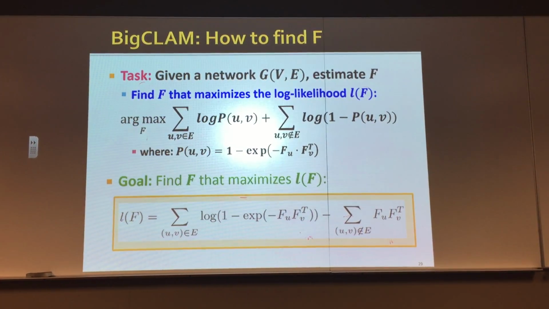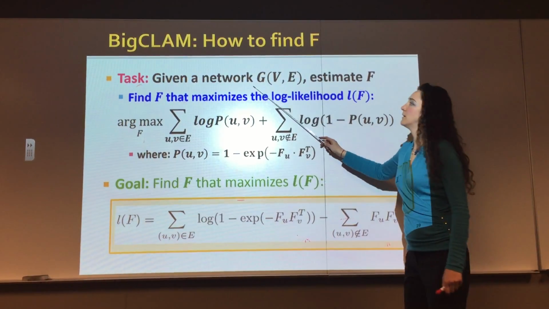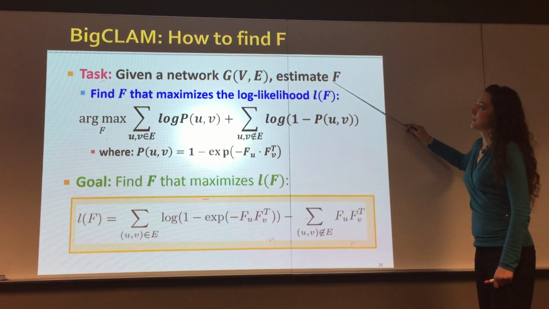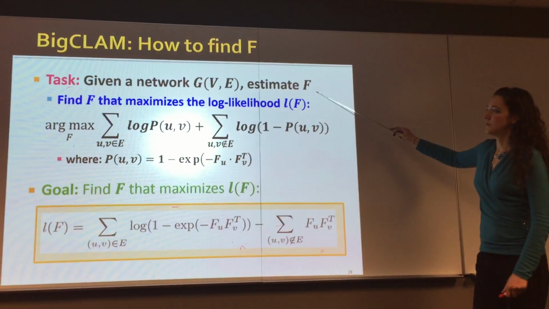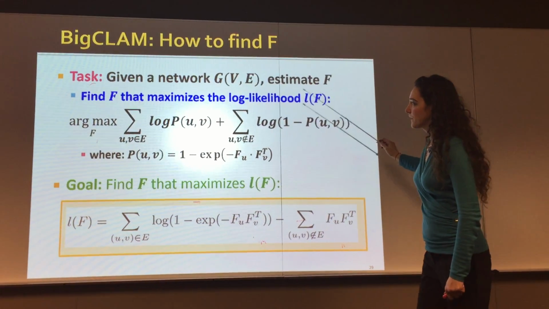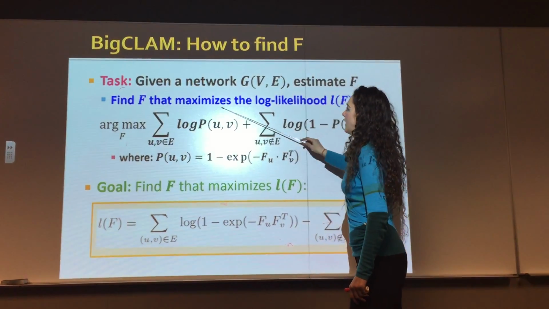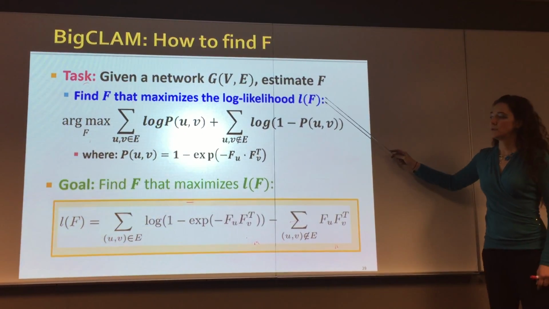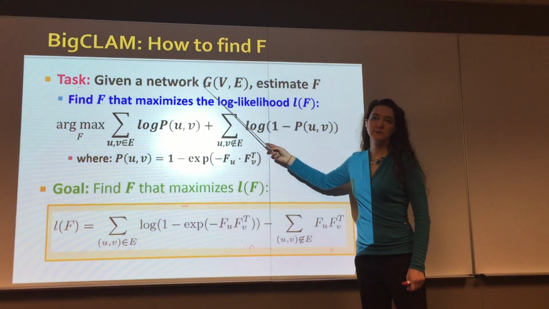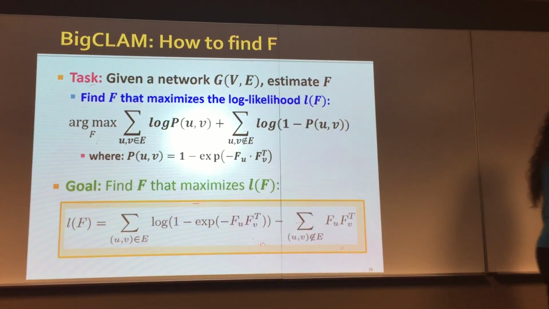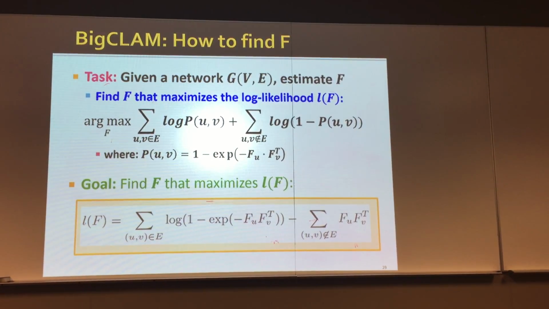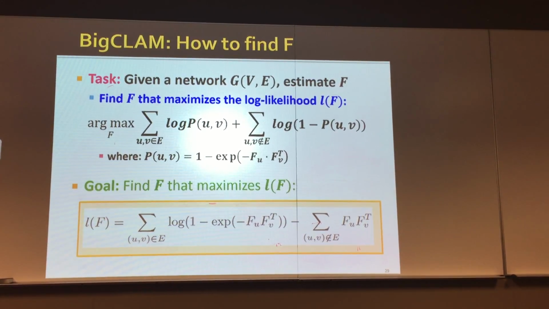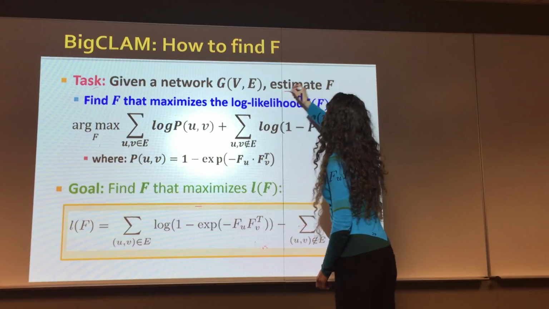Given the network, the data about all the friends and which communities they belong to, is it possible to find this strength matrix F? What we want to do is find the matrix that maximizes the likelihood that this matrix will generate the original data. So we want to find a matrix F that maximizes the probability that F generated our graph.